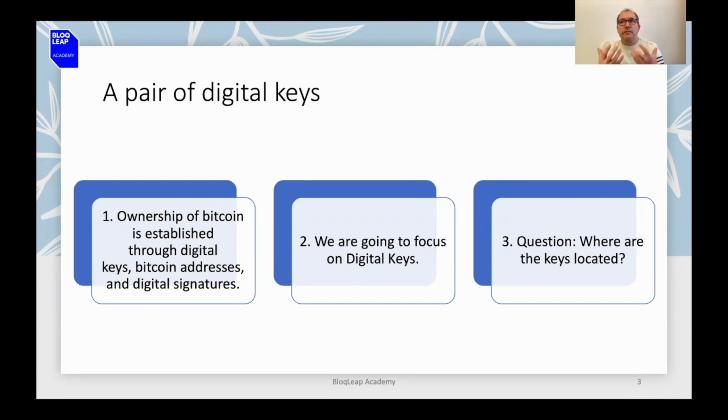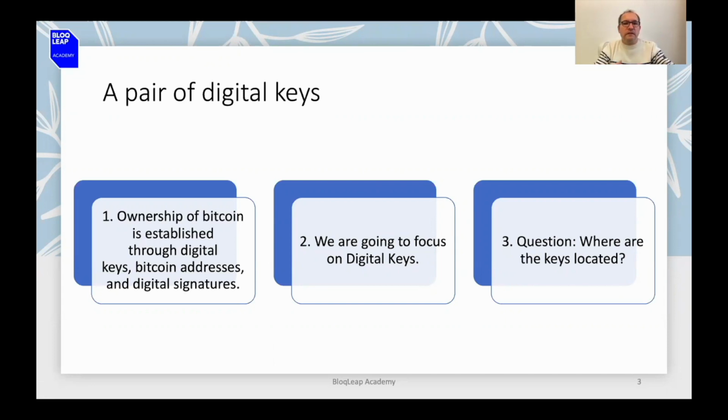And this ownership of the Bitcoin you just bought is established through digital keys, the two keys, the pair, private and public. We are going to see it again now, but the analogy with the bank account is useful.